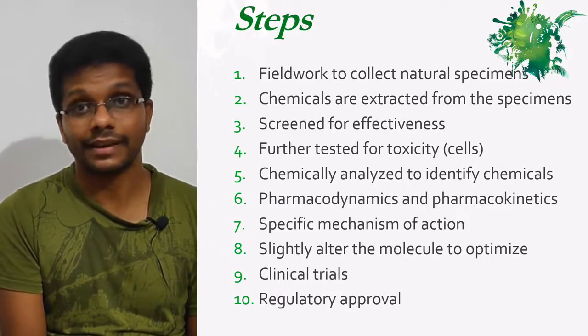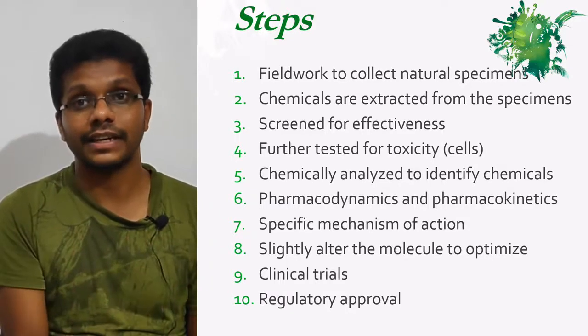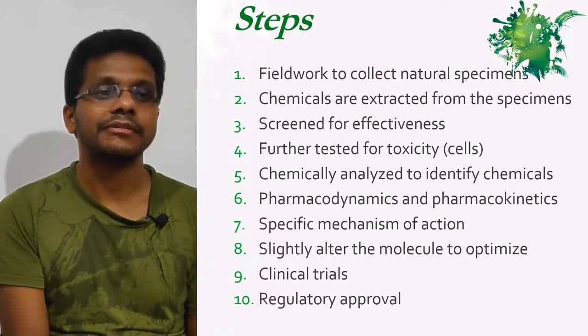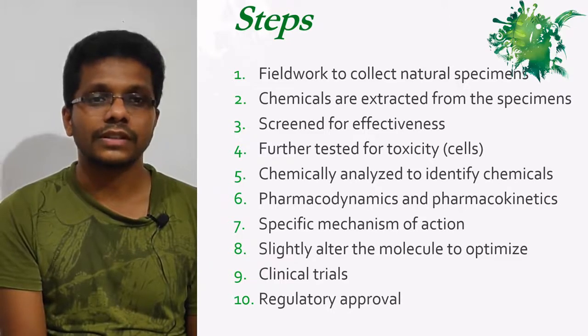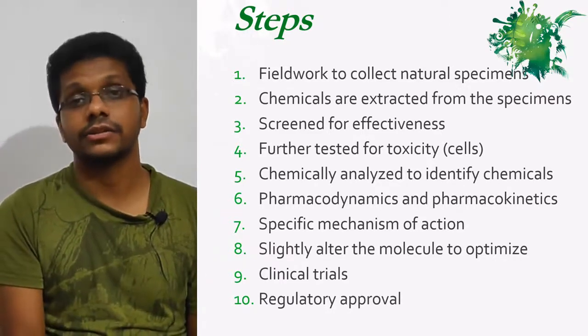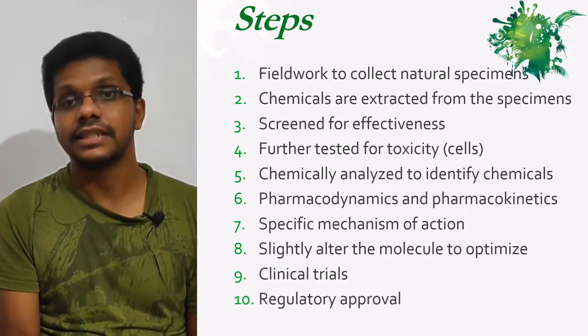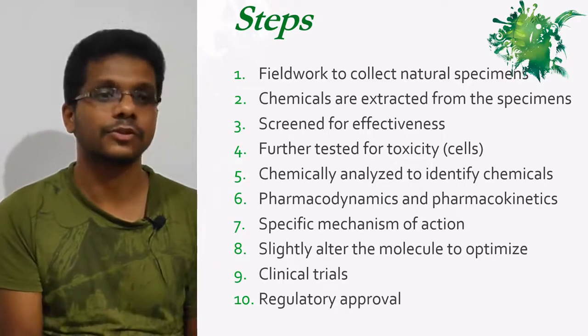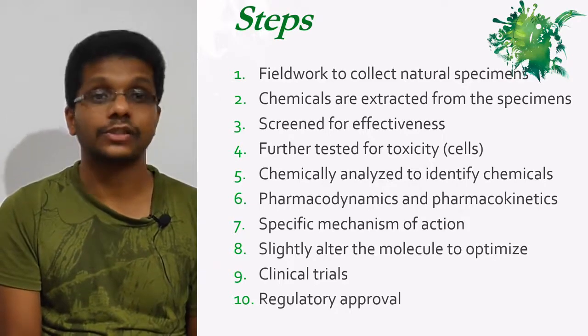Alexander Fleming actually found the antibiotic out of contamination, not from anywhere in particular. It was just present there. So the natural samples can be anything. It can be a microorganism, a fungus, archaebacteria, a plant, an animal, an insect, a bird, anything. So specimen collection is very important.